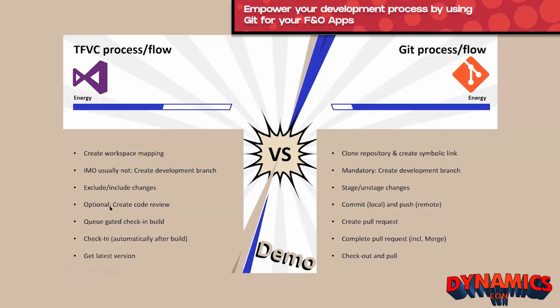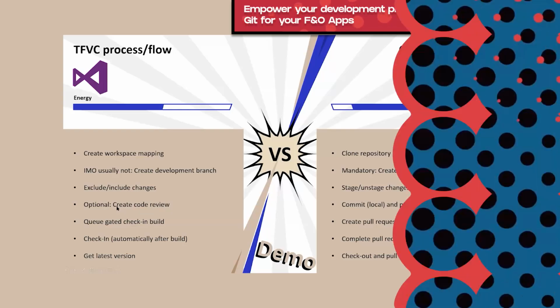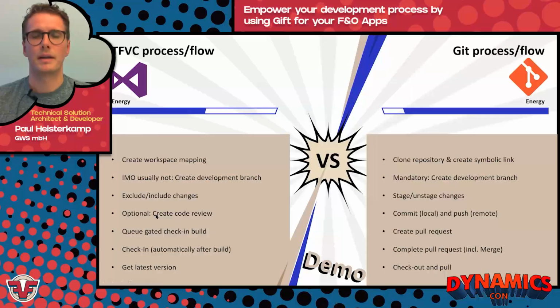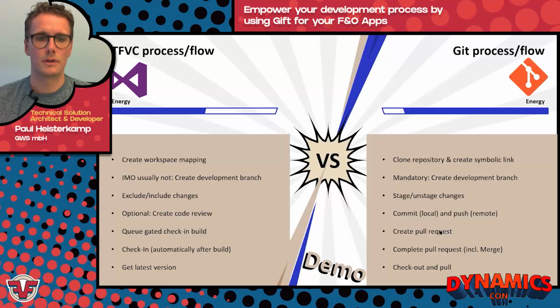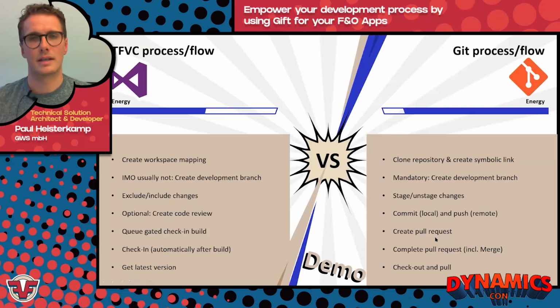Then you can create a code review. As far as I know, it is not mandatory, and you cannot make it mandatory via policy. With Git, it is a pull request, and you have to do it. Then you're queuing a gated check-in for TFVC. Here it is again the pull request.